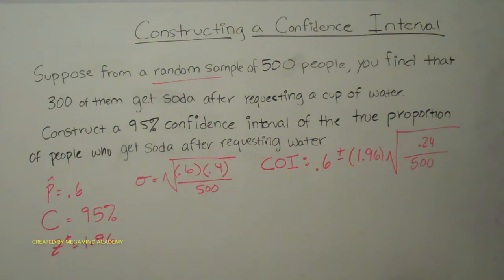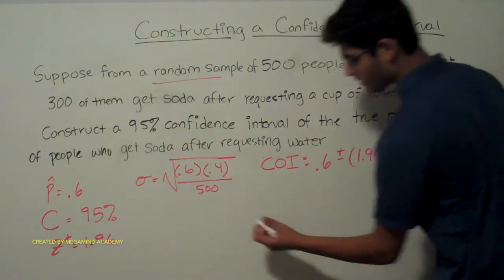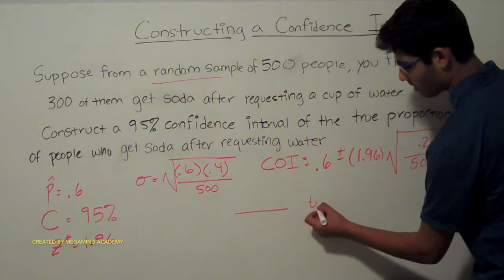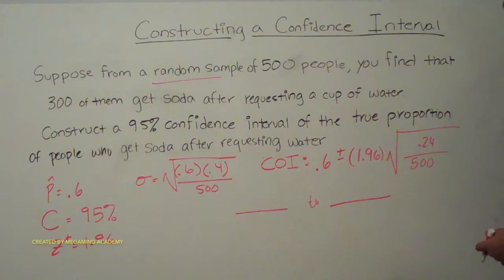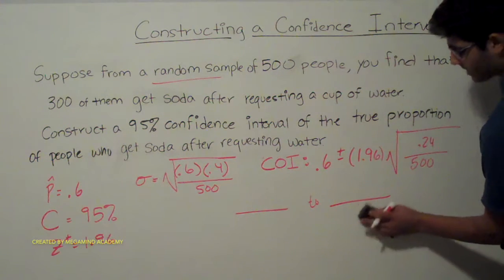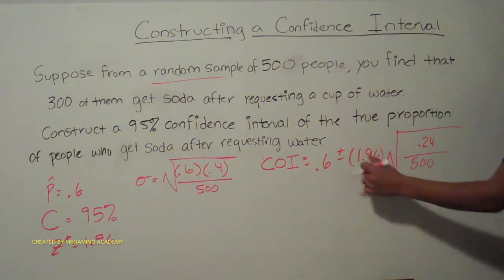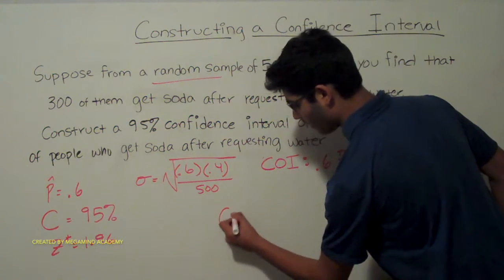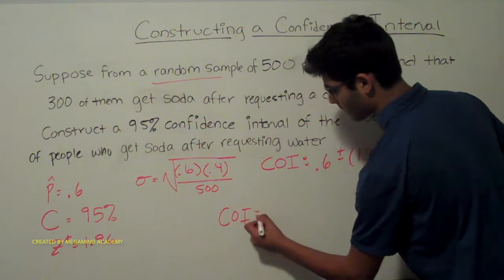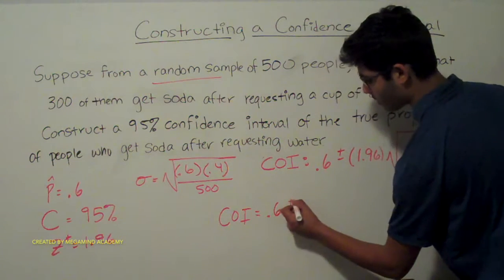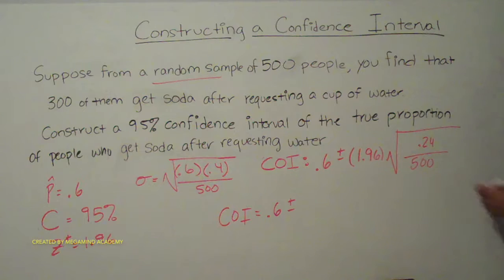Okay, so let's plug this into a calculator. Because it's a confidence interval, we can either write it as from some value to some value, or for the sake of simplicity in this problem, we can just leave it with a plus or minus. So our final confidence interval is going to be 0.6 plus or minus. Now let's put this into our calculator.